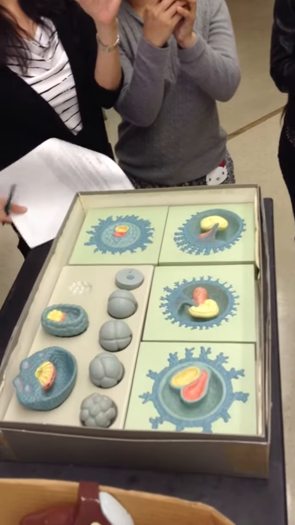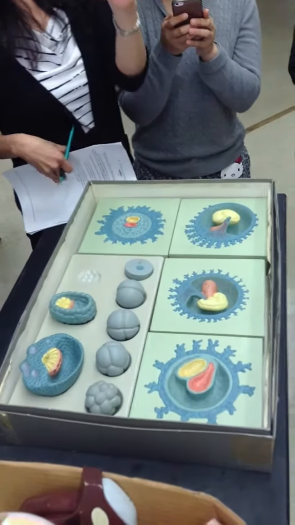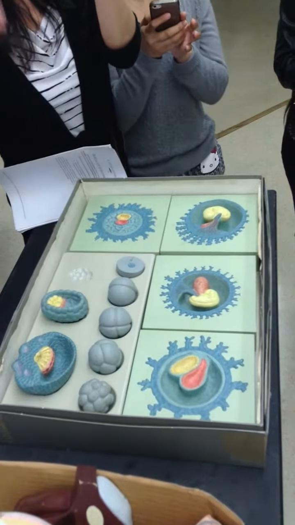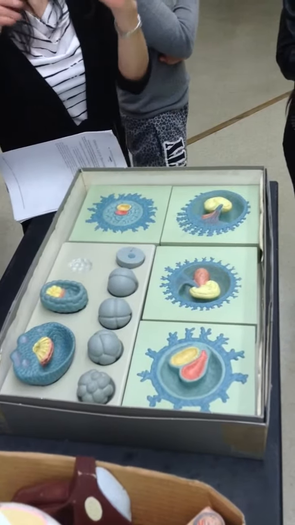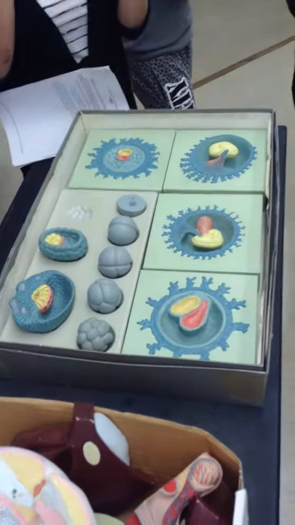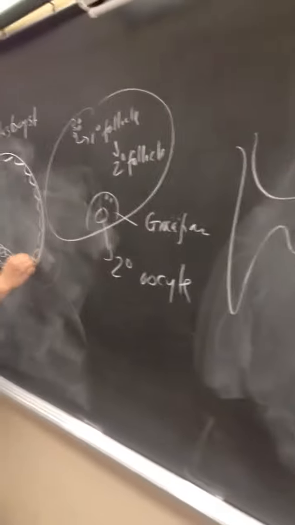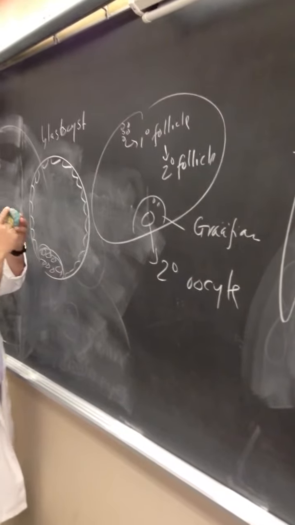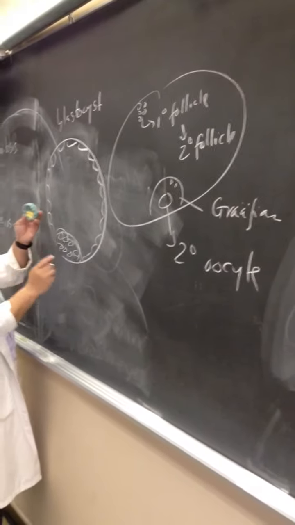Whereas the blastocyst might have, typically every blastocyst will have this structure. And this is the blastocyst. Where you have these individual cells right here versus this, right?